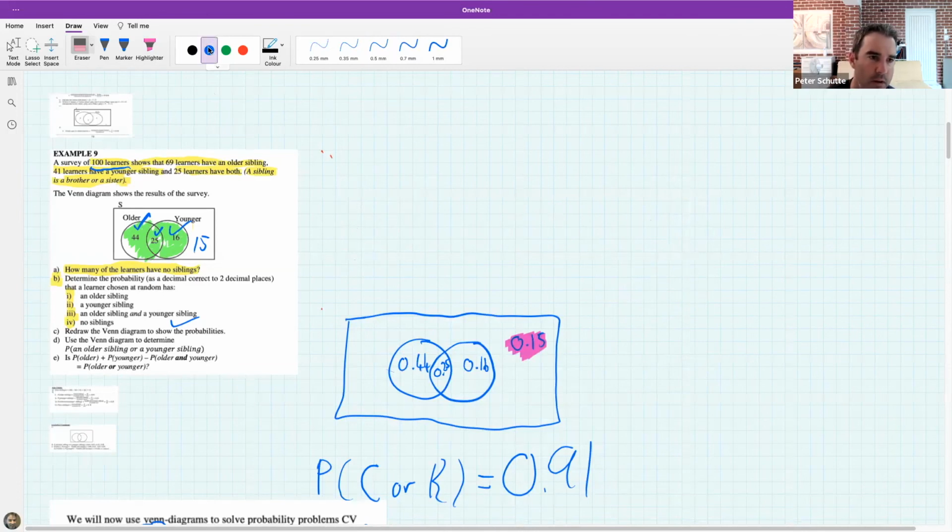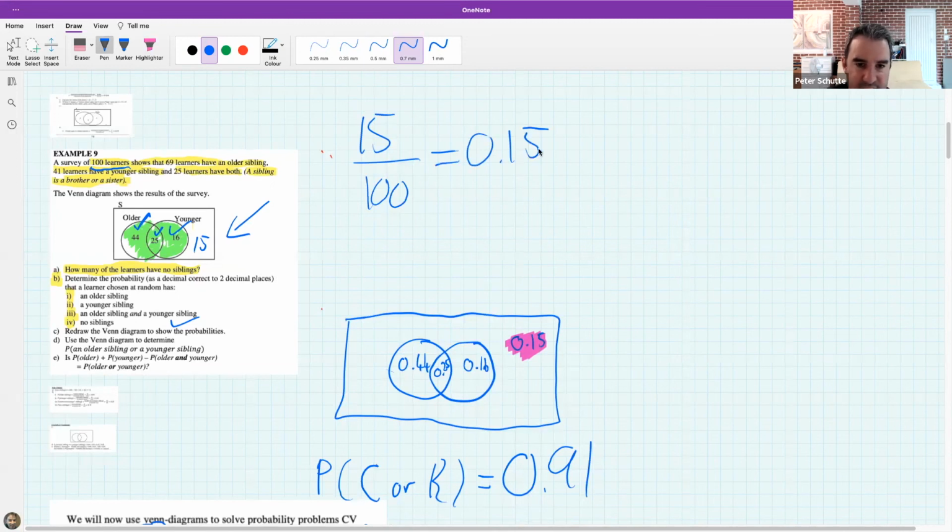At the moment, over here, it's written in terms of numbers. To change it to probabilities, all I need is the number of possible outcomes in the diagram. In this diagram, it's really easy because it's 100. So I just went on the outside region, there are 15 people, and I'm dividing it by 100. And so the probability is 0.15.